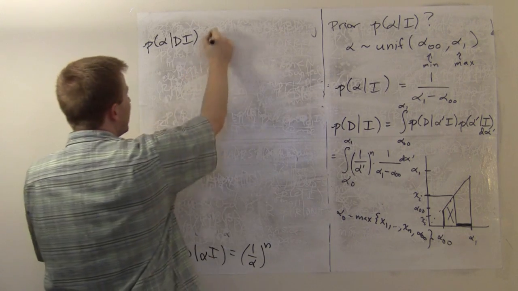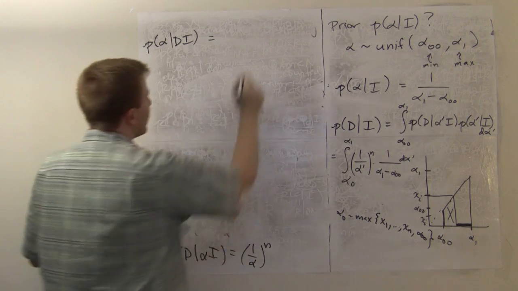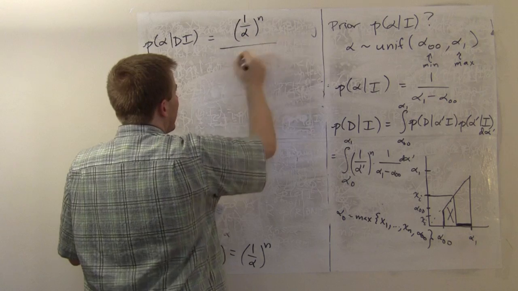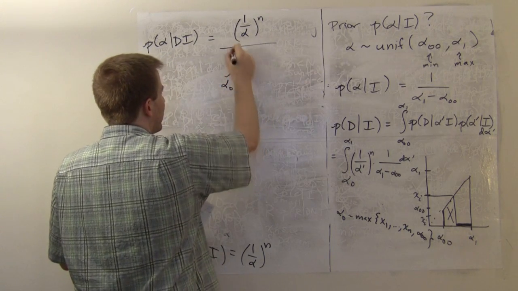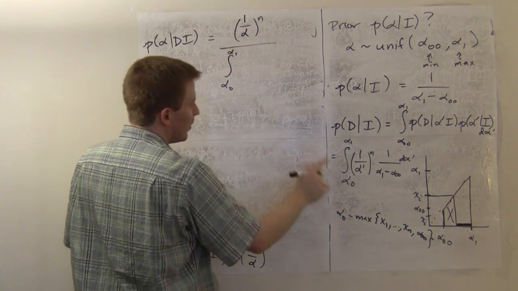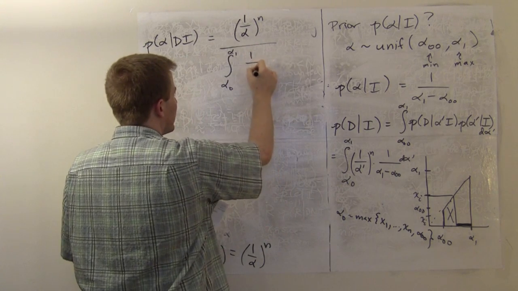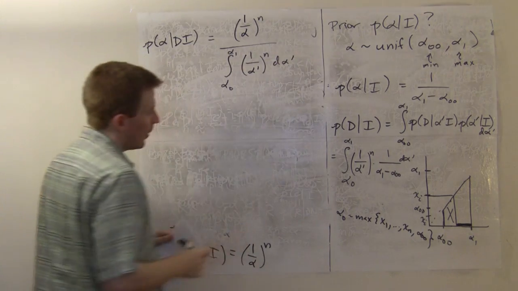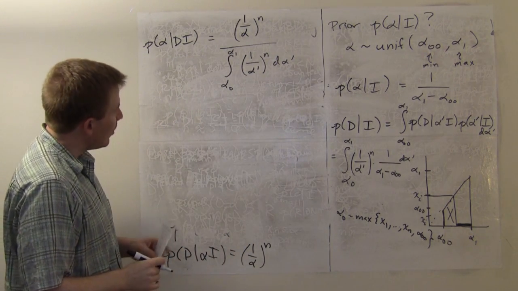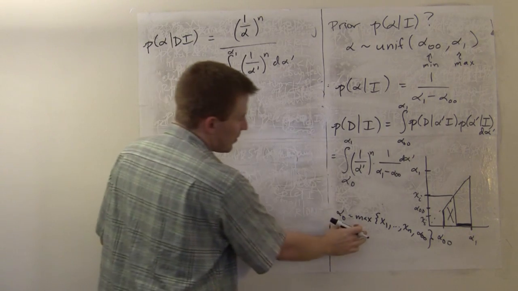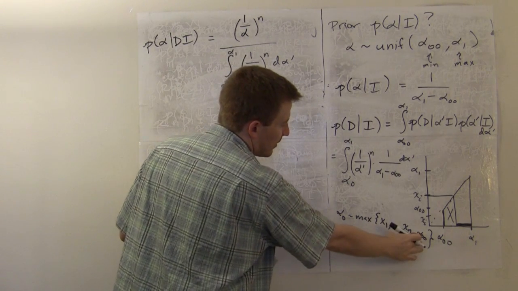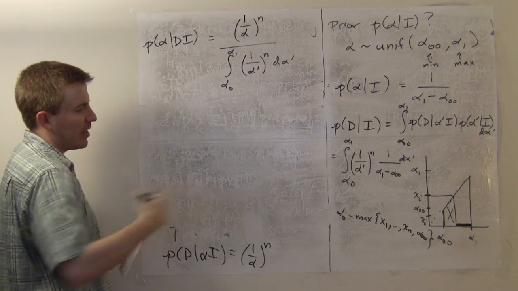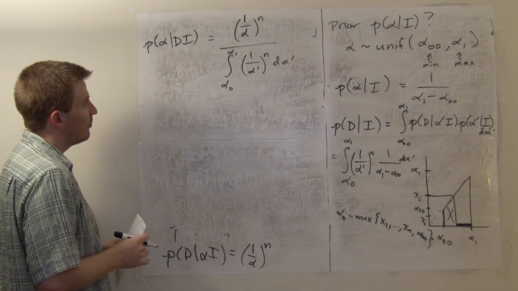And it's going to be basically our data likelihood, 1 over alpha to the nth power, divided by this integral from alpha 0 to alpha 1, the same thing, 1 over alpha prime to the n, d alpha prime. Where, again, alpha 0 is just either the data maximum or this starting initial point alpha 0,0 if all the data happen to live to the left of that.